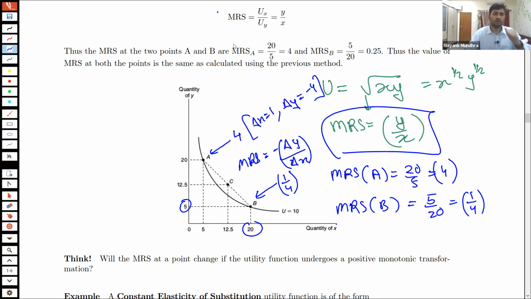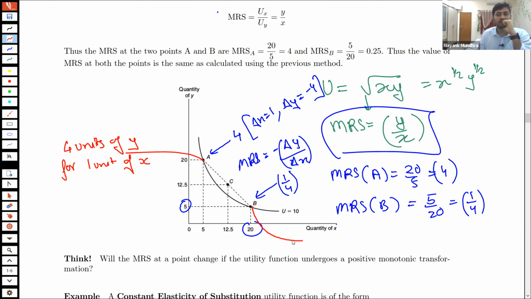So here the trading happens at the rate of 4 units of y for 1 unit of x. Whereas here MRS is 1 by 4. So for 1 unit of x, I am willing to give only 1 by 4 units of y. So the trading here happens at the rate of 1 by 4 units of y for 1 unit of x.